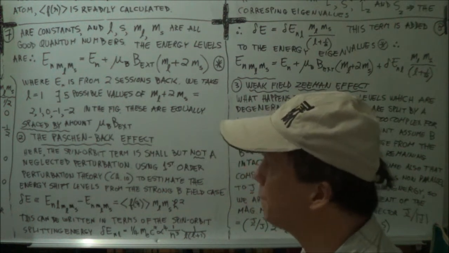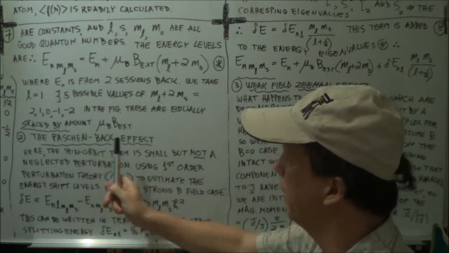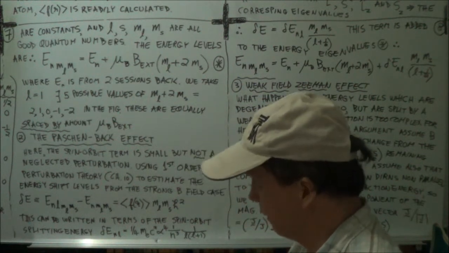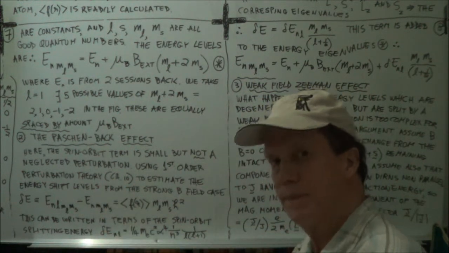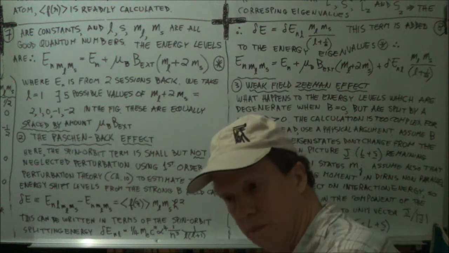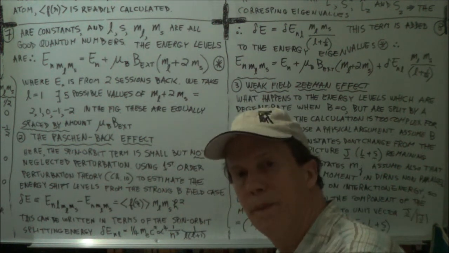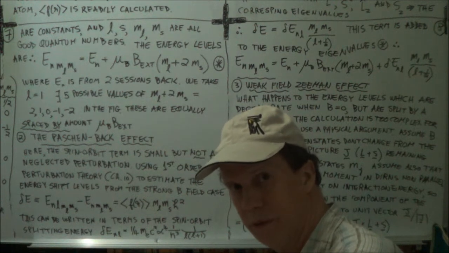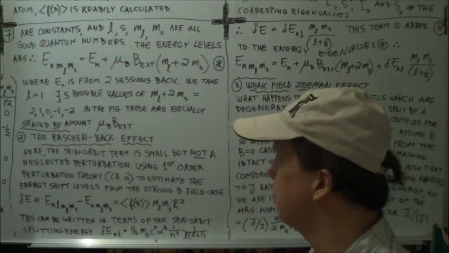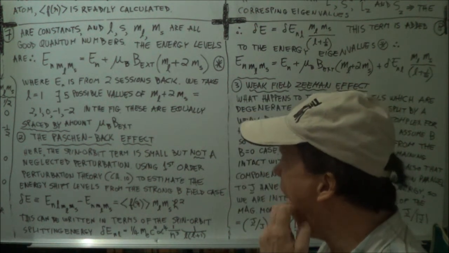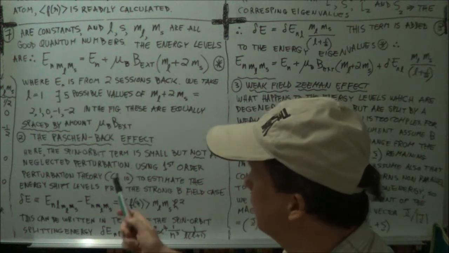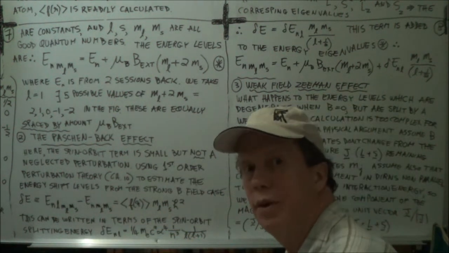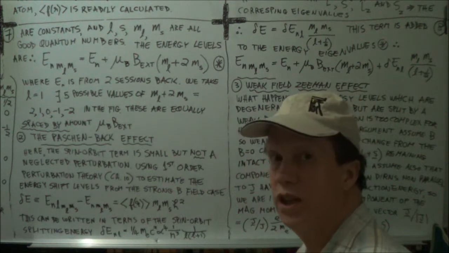Now case 2, called the Paschen-Back effect. Two guys who investigated it, I presume. In this case, you do not neglect the spin-orbit coupling effect. So that makes things quite a bit more complicated. So we're going to use what's called first-order perturbation theory. Now we haven't done that yet. It's a bit of a chicken and egg thing.